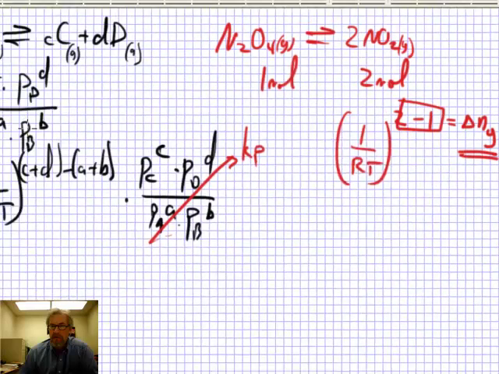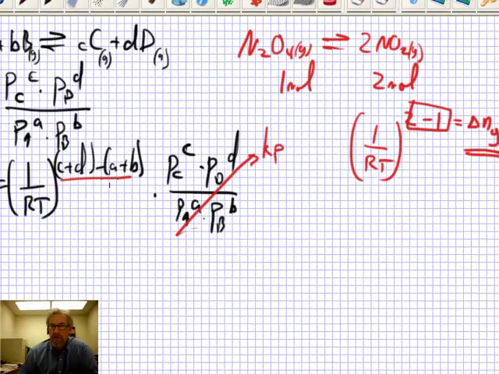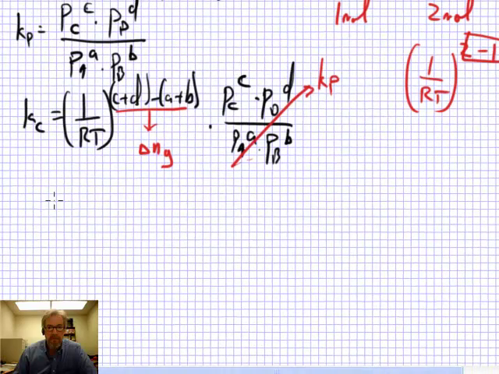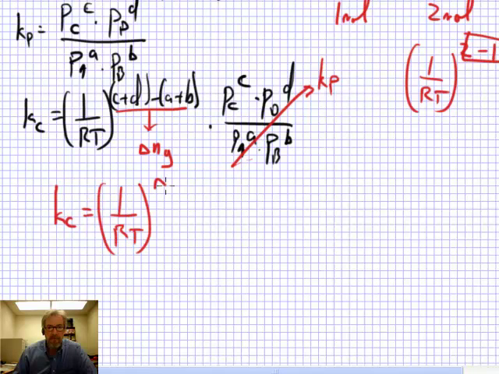So instead of (c plus d) minus (a plus b), since we're only interested in gases, we can replace this with the change in number of moles of gas. So we can simplify this as Kc is equal to 1 over RT raised to the delta n of gas, change in number of moles of gas, times Kp.